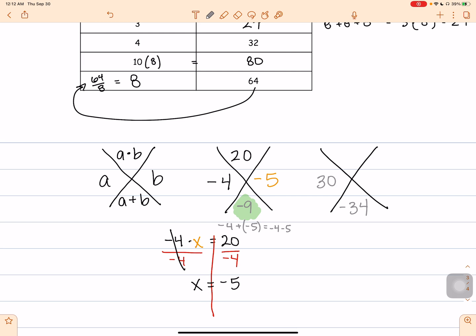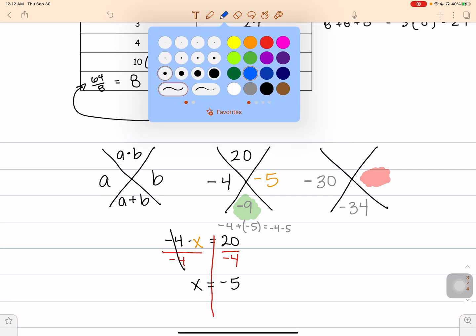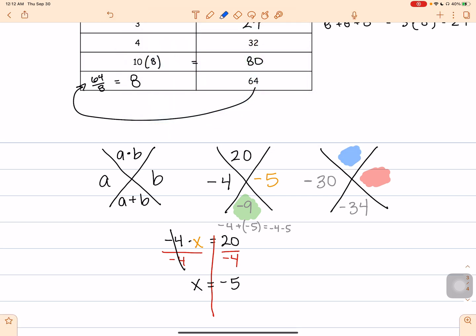Okay, let's do -30. So we don't know this one, and we don't know this one up here. We must find that red one first. You have to find the one on the right or the left first. So I'm going to say that this is an X here.